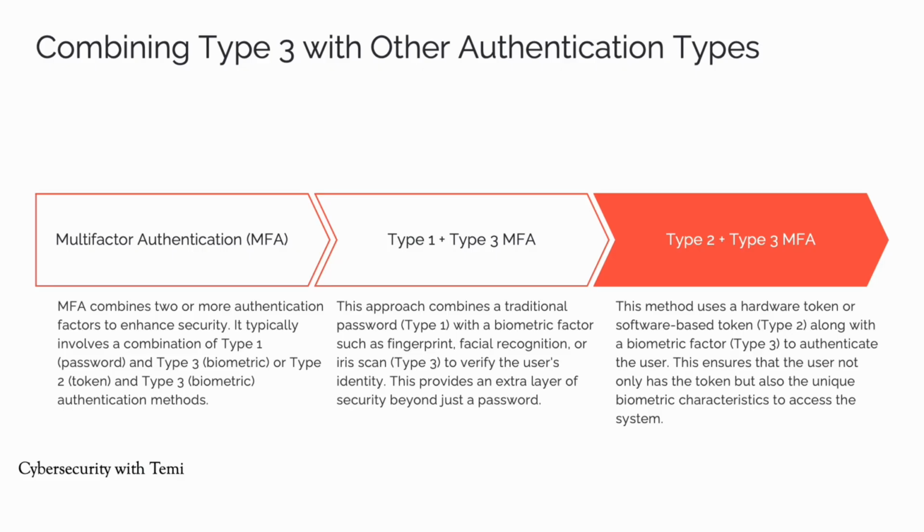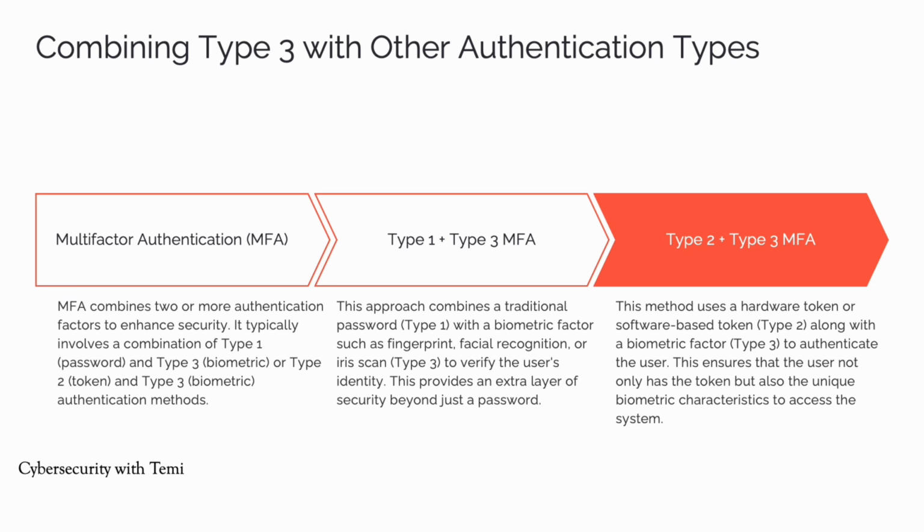Now, you can also combine type 3 authentication with other forms of authentication. You can combine type 1 authentication, which is a password, something you know, with something you have, just to provide that extra layer of security. Know that multi-factor authentication is two different forms of authentication. When we talk about multi-factor authentication, we are not talking about two forms of password.